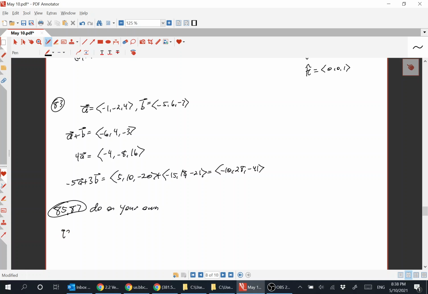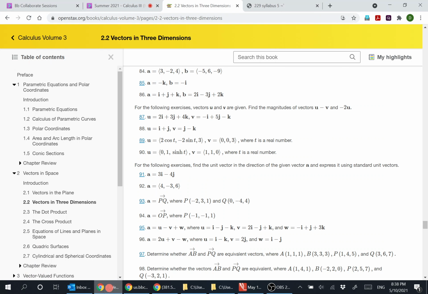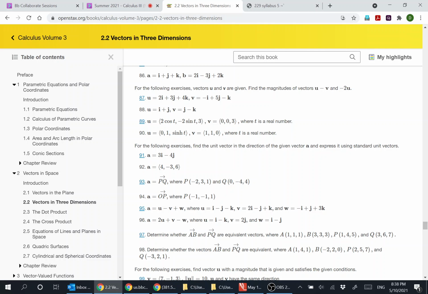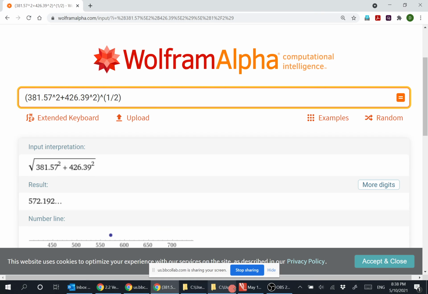And then 92. So again, you've got this notion of a unit vector. So you've got the vector (4, -3, 6).